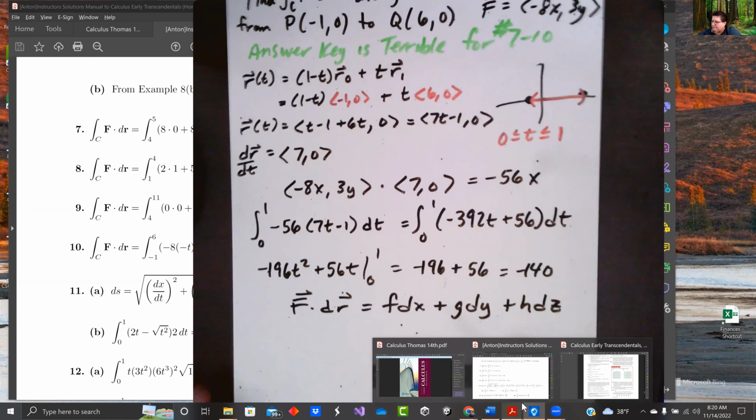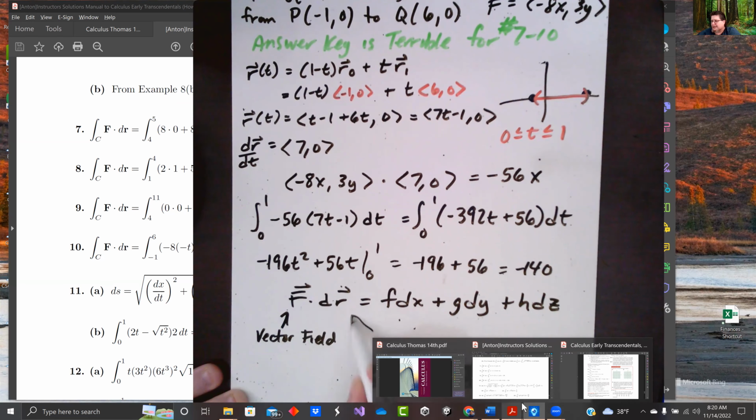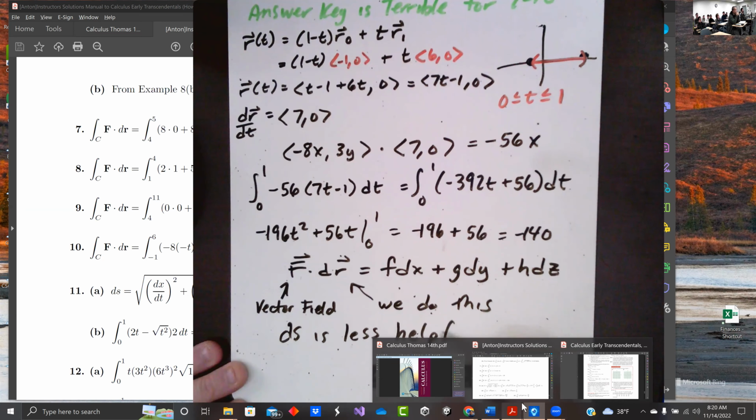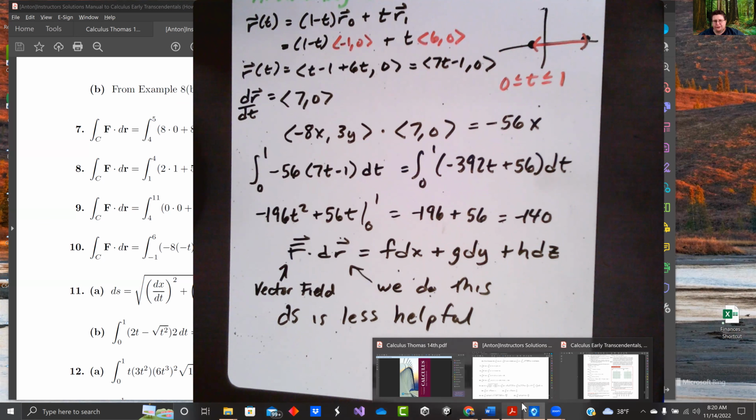So this is a vector field, and to deal with the components, we do this. DS isn't as helpful. DS is less helpful. So that's why we're learning two different ways. The DS is when we're not in a vector field. This F.dr is when we are in a vector field. Okay.